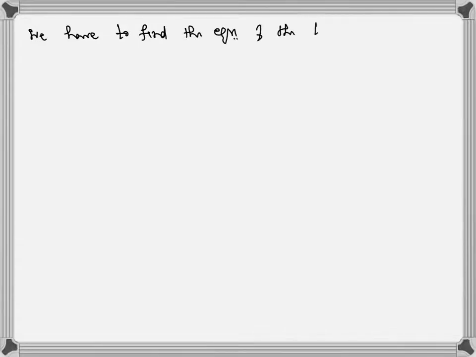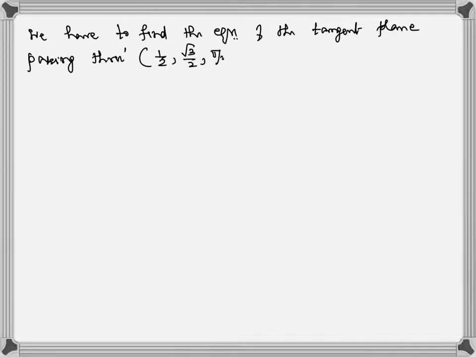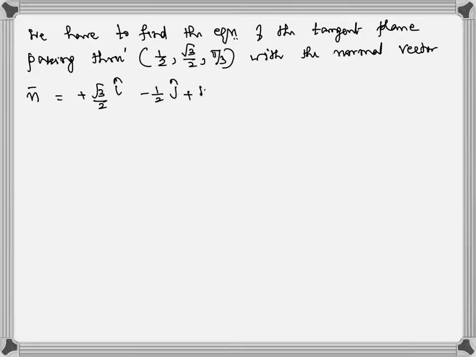You have to find the equation of the tangent plane passing through the point (1/2, root 3/2, pi/3), and whose normal vector is n = root 3/2 i minus 1/2 j plus k.